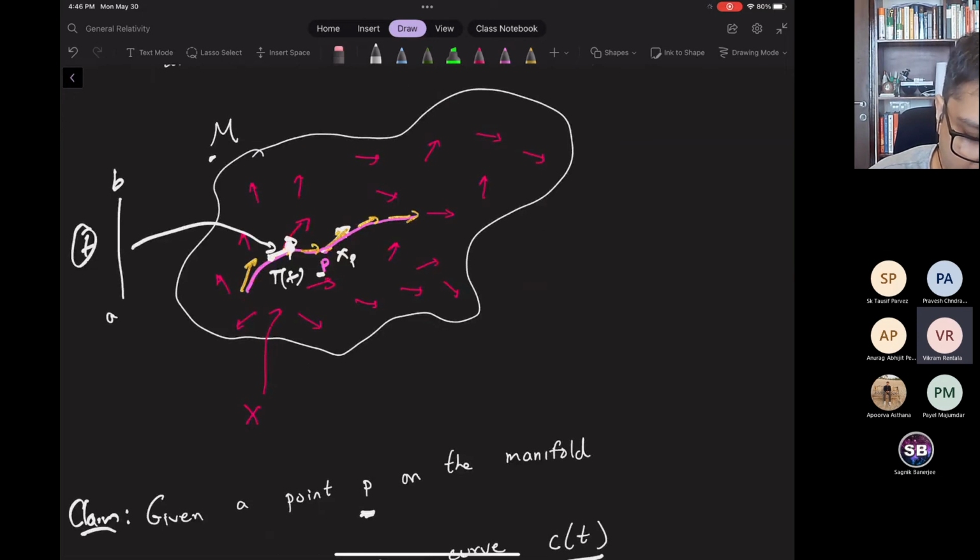X was a vector field which was given to you. So the vector field X agrees exactly with these tangent vectors. There is a unique curve that I can construct which passes through P such that the tangent vectors to this curve exactly match the X's at those points along the curve. That's the claim.